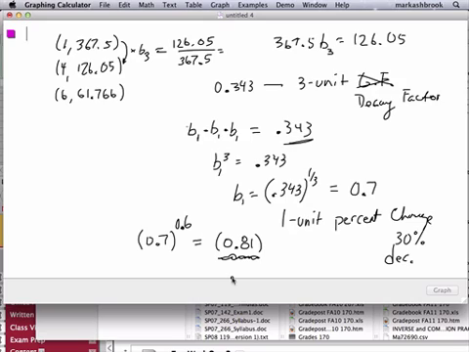If you go 6/10 of a unit of x. Agree with that? Yes. That's it. So if you advance 6/10 of a unit, you're going to keep 81% or lose 19% of what you had before. So 0.81 is your multiplier on the output to get the new output 0.6 units later.